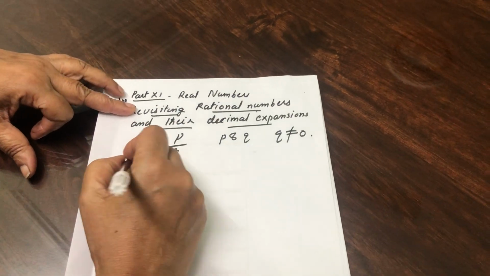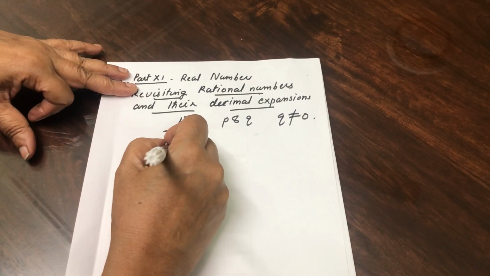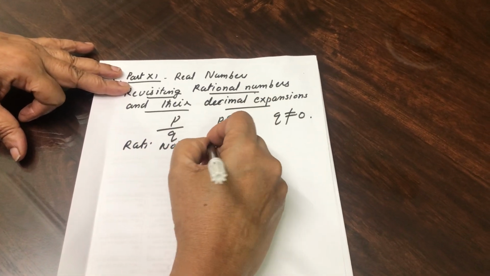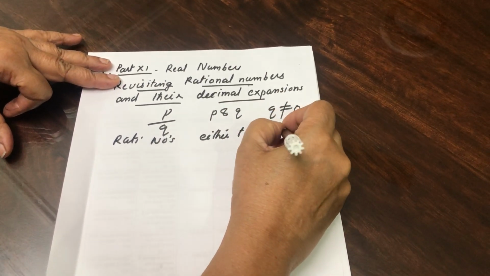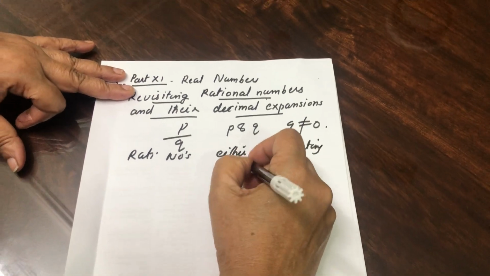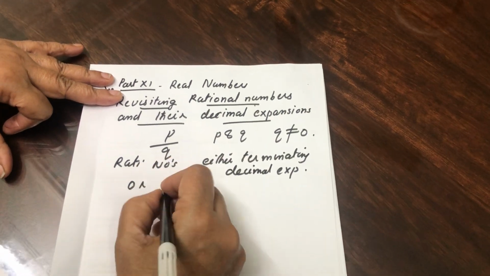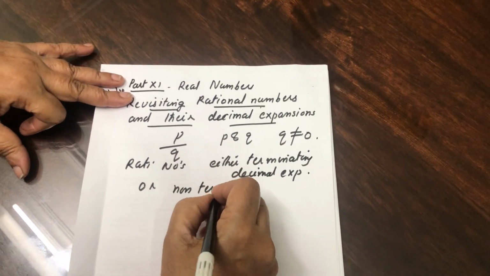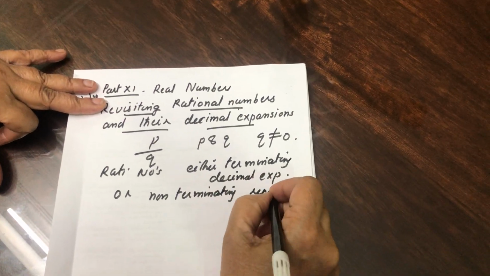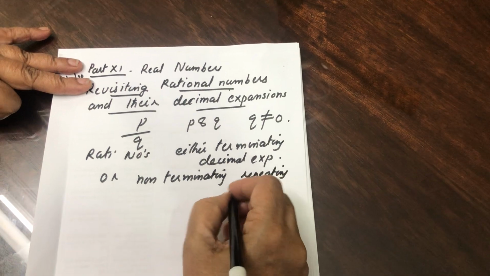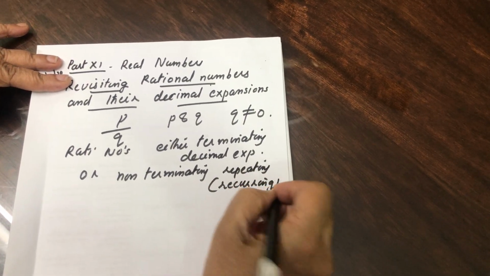So, you all already learned rational numbers have either terminating decimal expansion or non-terminating repeating, another word is recurring, decimal expansions.